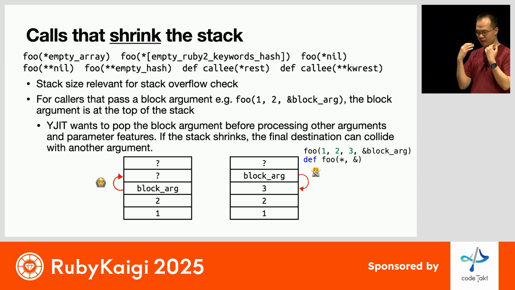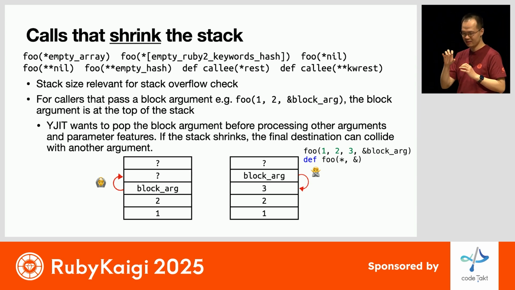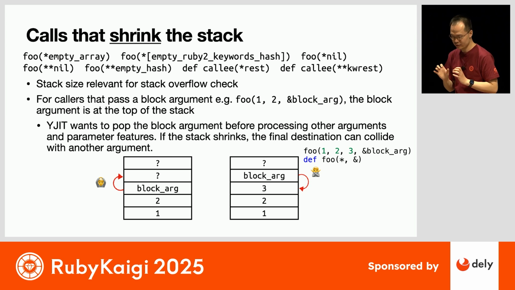Calls that pass a block argument have it at the top of the stack, so it's the first thing that the callee has to deal with. Now, one way to handle it is to predict where the block argument will go, pop it off the stack, move it into the right place, and you're done. And that's what happens on the left.